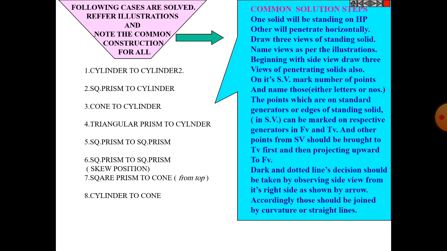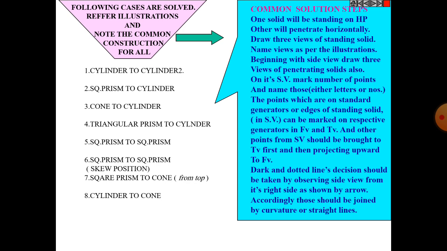Then first project all points from side view to front view. Then mark points. These projection lines are dotted or faint lines.